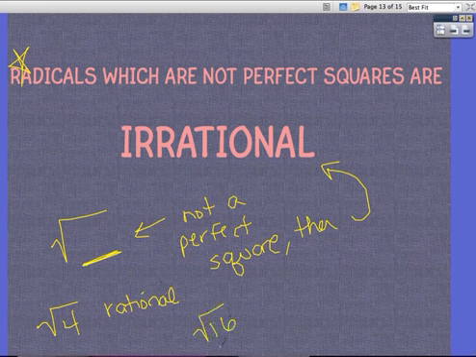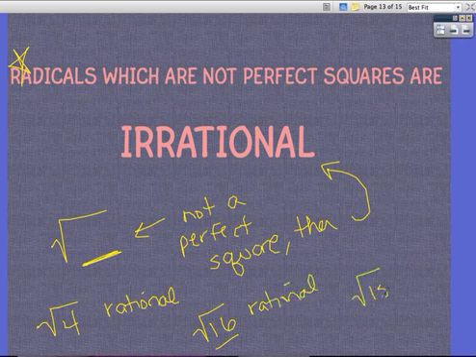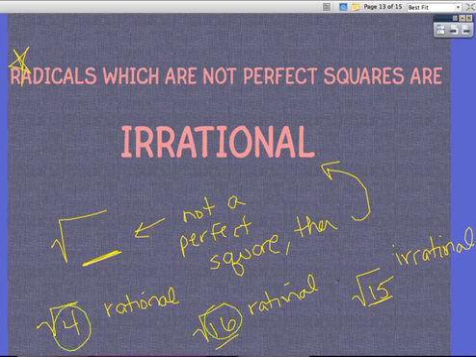Square root of 16, perfect square, this is rational. Square root of 15, not a perfect square, so it's going to be irrational. You look at the radicand, and it will tell you whether the number is rational, if it's a perfect square, or irrational, if it's not a perfect square.